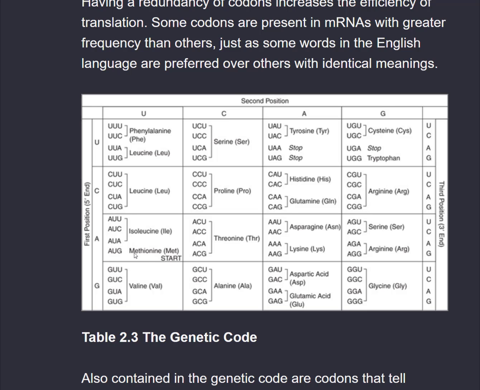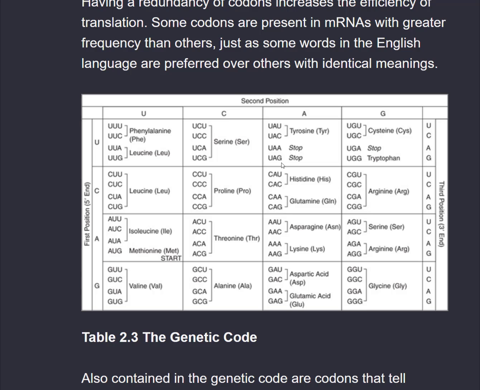But I ended up counting methionine for the amino acid, but it's actually a start codon, so that's really important. AUG, that's a very important one. And then the stop codons, UAA and UAG, those are the stop codons.